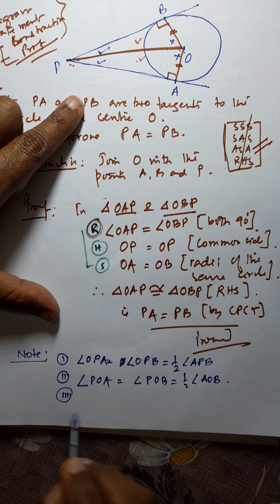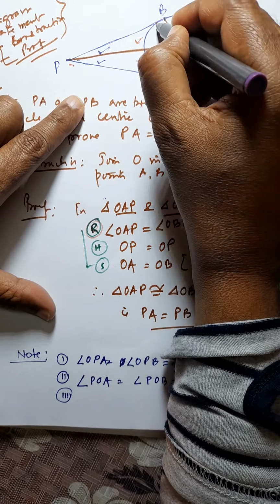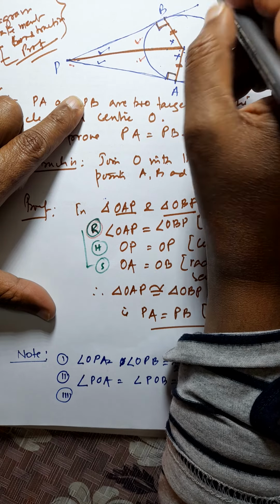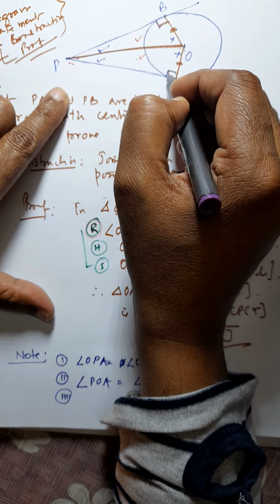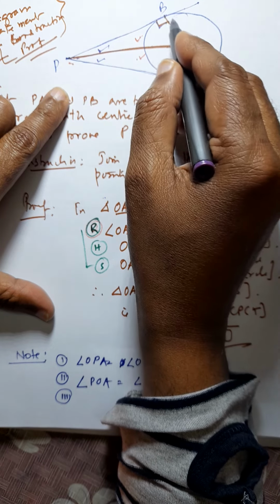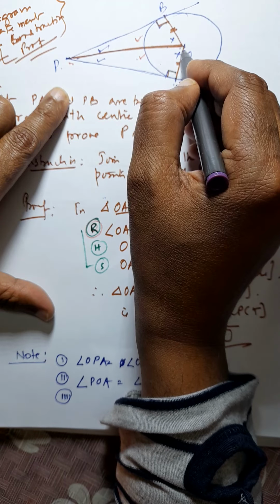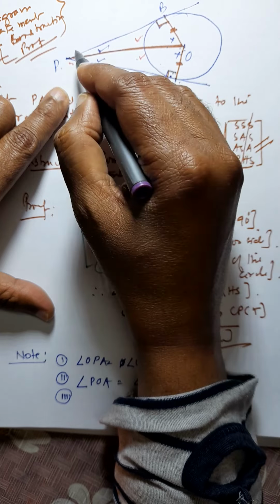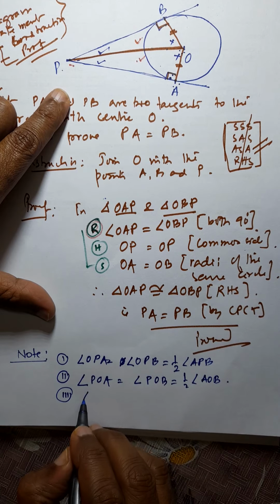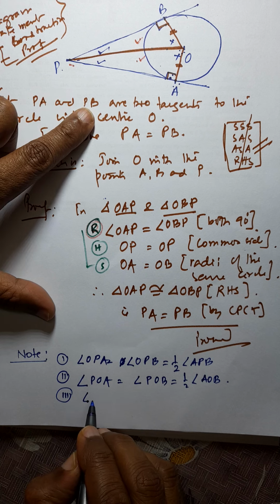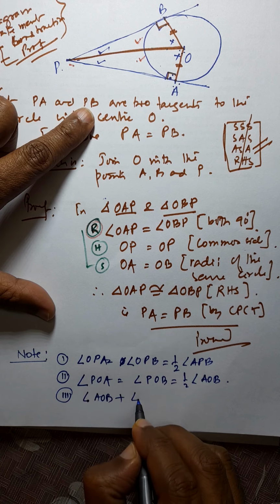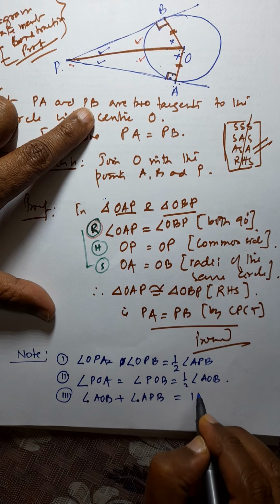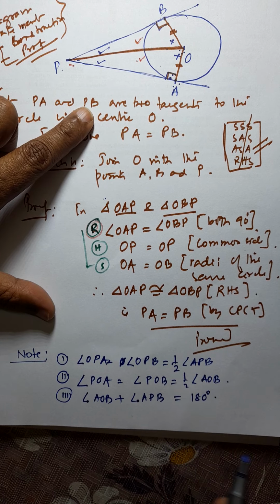Number 3, note. See, this is 90 degrees, this is 90 degrees, so opposite angles are 90 degrees. Then 90 plus 90 is 180. APBO is nothing but a quadrilateral, and these two angles sum to 180 degrees. So angle AOB plus angle APB is equal to 180 degrees.